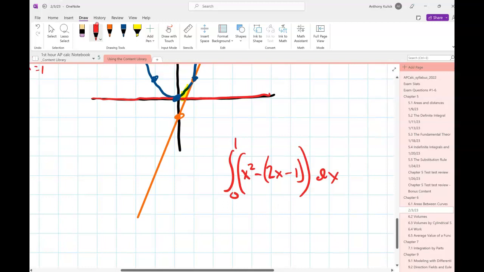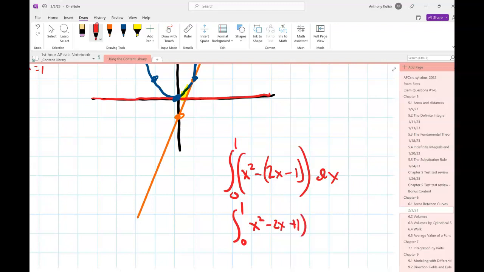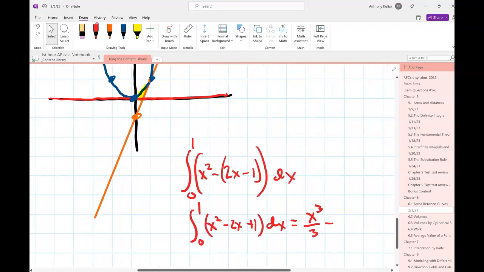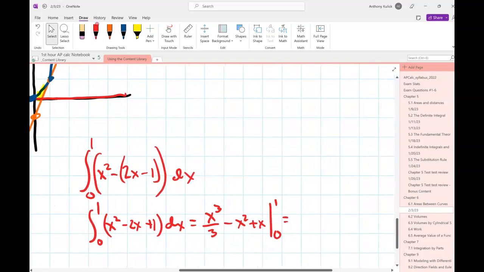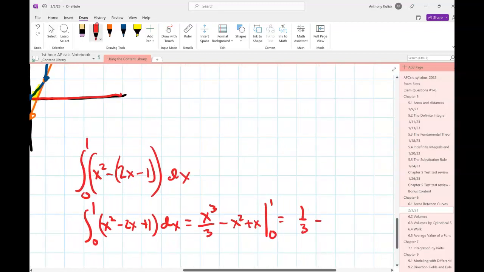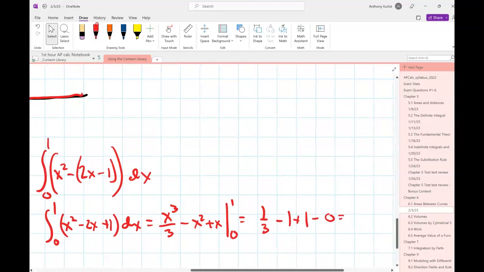Okay. So that's going to be x squared minus 2x plus 1 dx. That's an easy antiderivative to do. So x cubed over 3 minus x squared plus x evaluated from 0 to 1. So that's 1/3 minus 1 plus 1 minus 0. So we get 1/3.